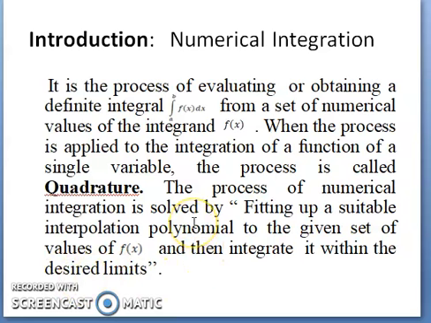We have already discussed many methods and get the desired solution as interpolation polynomial forms. Now these polynomial forms will be solved by definite integrals. The process is called quadrature.